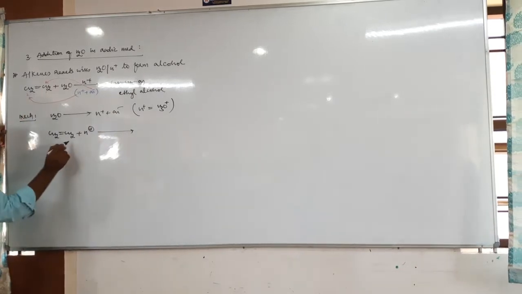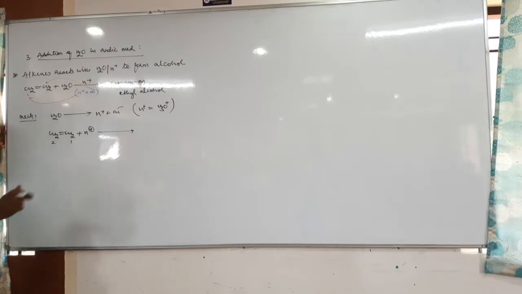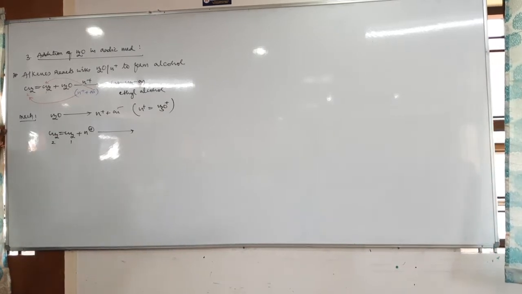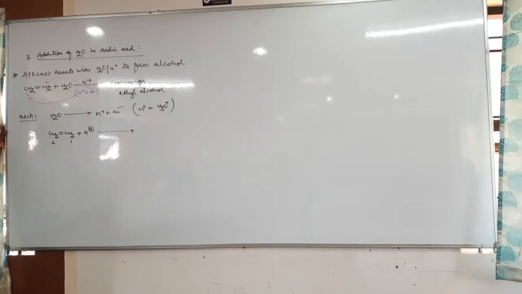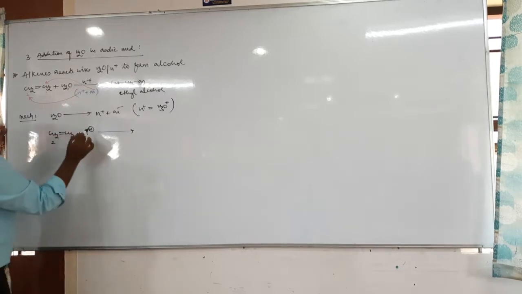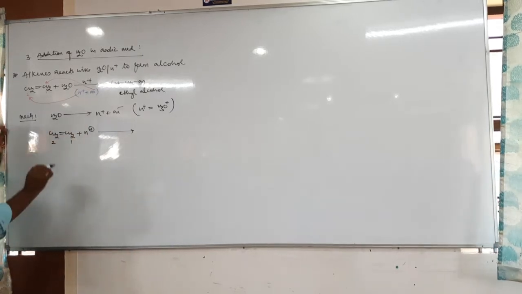Now there are two carbons, carbon 1 and carbon 2. Are both the carbons same or different? Same. Since it is a symmetrical alkene, Markovnikov rule is not required. Therefore you can add H+ to either the first carbon or the second carbon.